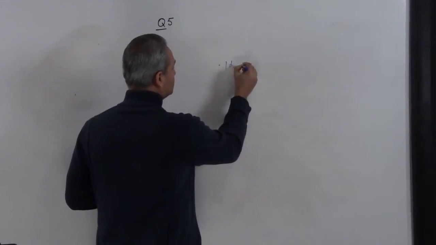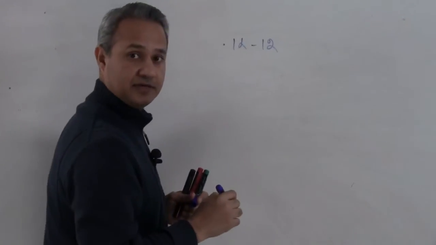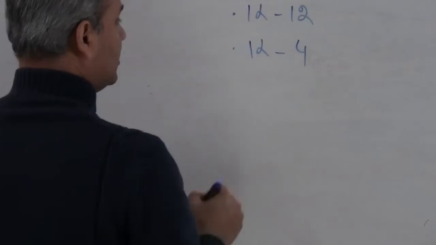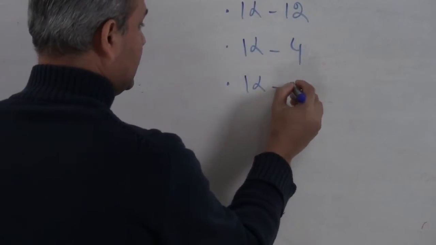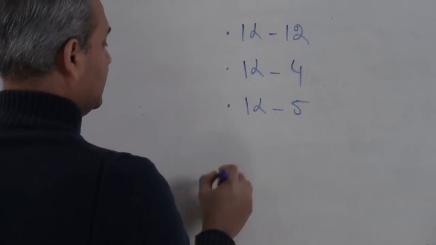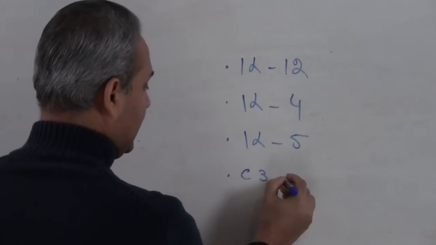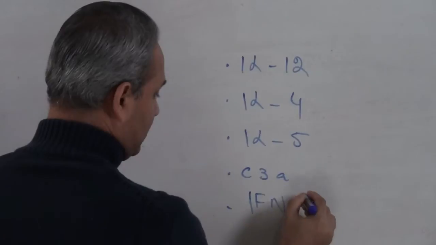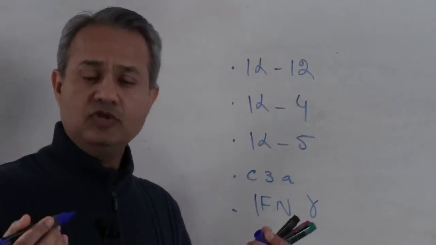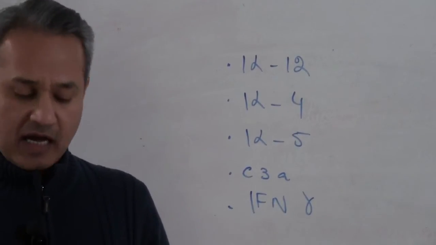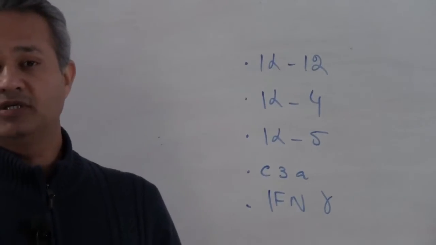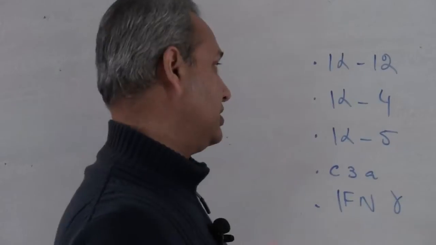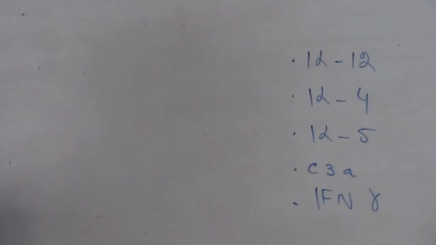Interleukin 12 causes it, or interleukin 4 causes it, or interleukin 5 causes it, C3a causes it, or interferon gamma causes it. So these are the various options. Out of those options, which option contributes to the formation of the caseous granulomas?